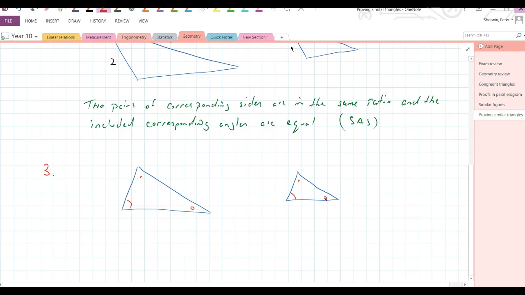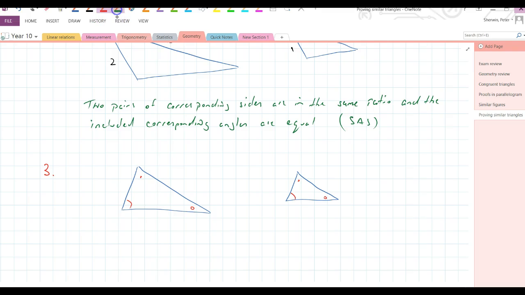Now there was no AAA in congruent triangles, but with similar triangles, yes, of course. If we can prove that three angles, in fact, we only need to prove two angles, don't we? Because if we can prove two corresponding angles are equal, then by angle sum of a triangle, the third would have to be equal. But if we can show that the corresponding angles of two triangles are equal, then we have similar triangles.